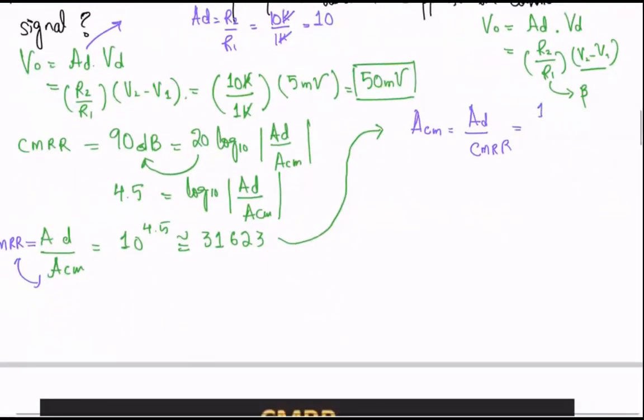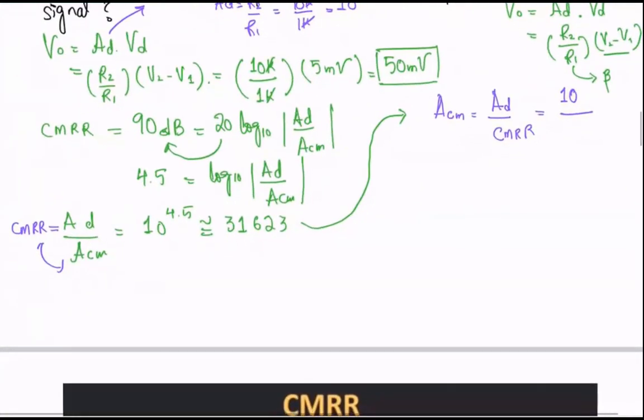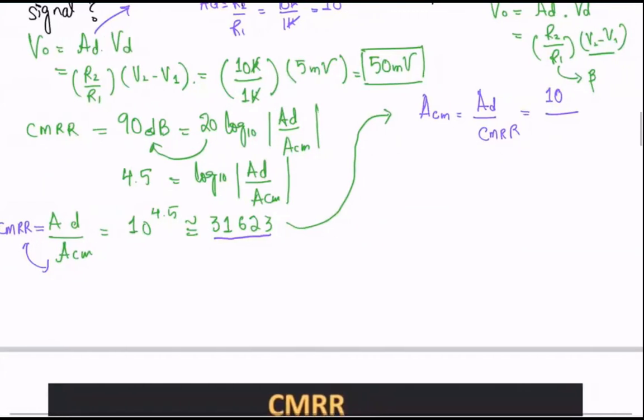And then CMRR is basically equal to this number that we got here, so I will have 31623 here.